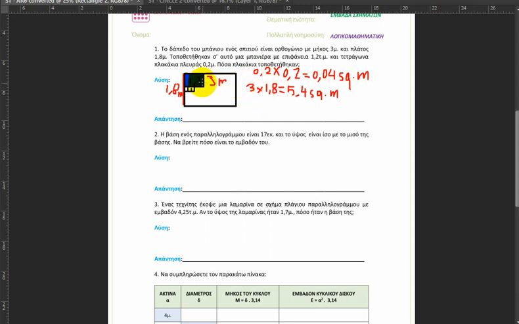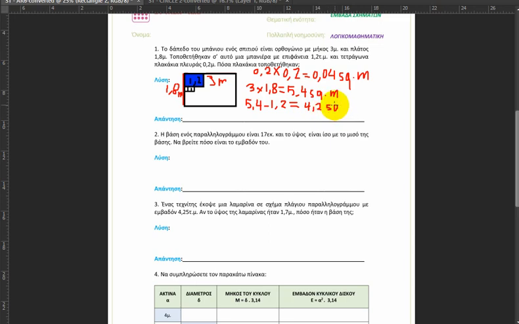Minus the 1.2, which is the bathtub. So 5.4 minus 1.2, which is the bathtub, is going to give me 4.2 square meters.